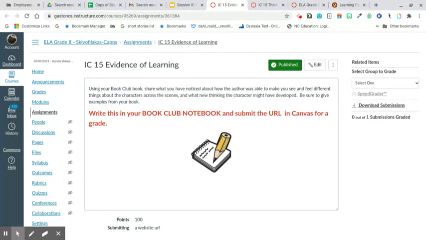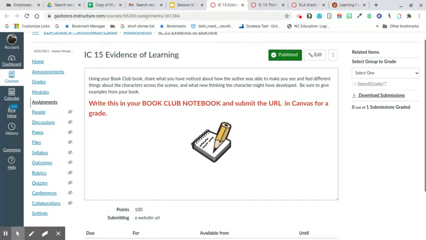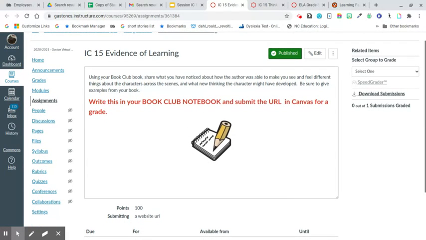This is due tomorrow night at midnight, ladies and gentlemen. Should not take you long. Remember to include images, graphics, backgrounds. Notice it says submitting a website URL. That's the only way you can submit it. Don't send me the URL in email. Submit it in Canvas.